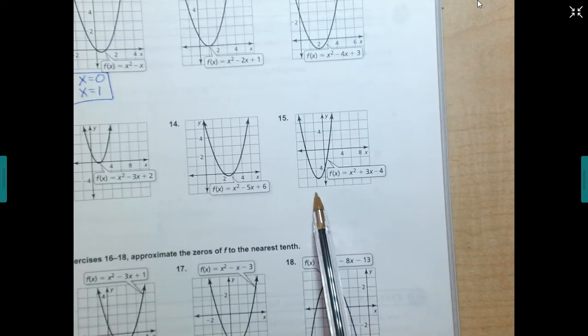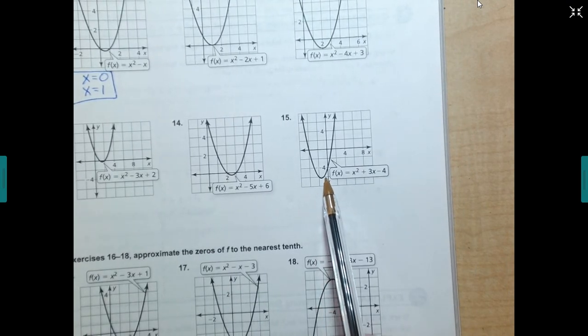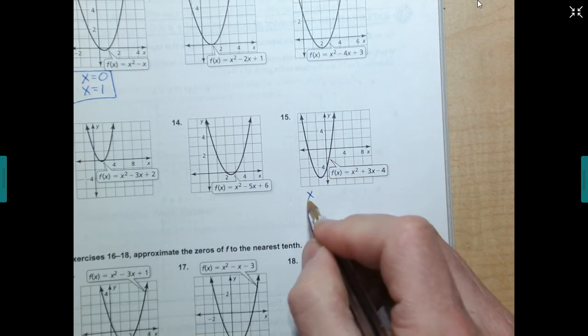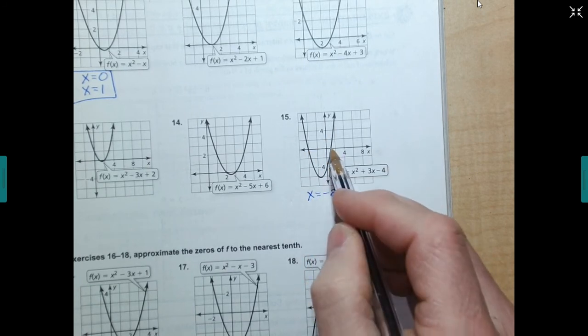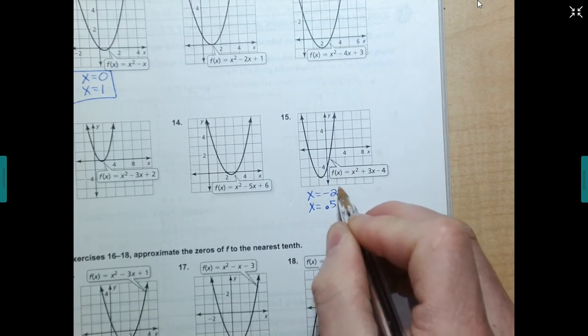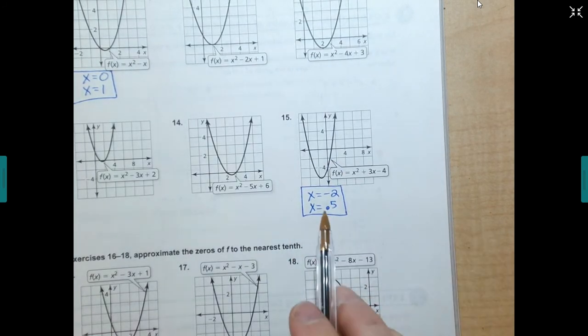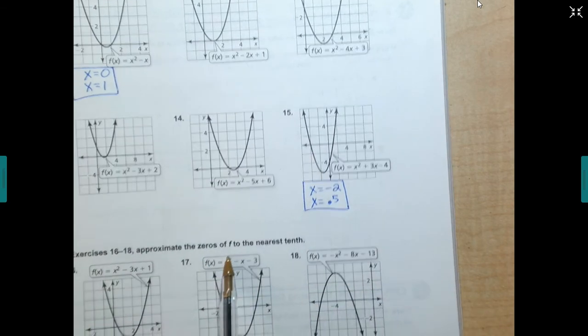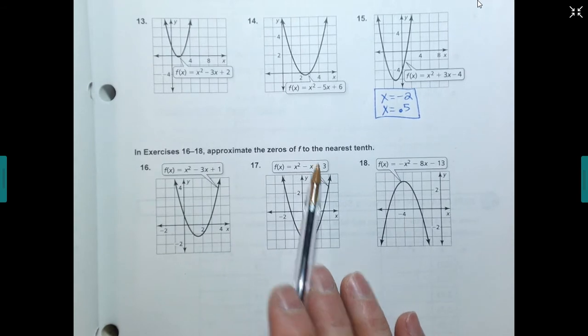Let's check out another one. How about this one? Where are our zeros? Looks like our zeros are at x equals -2. And this one looks like x equals 0.5, or if you put 1/2, that's the same deal. So we're just finding our zeros. That's it. Here we're going to approximate to the nearest tenth.